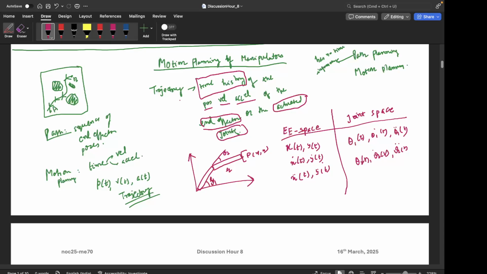So these are the two ways in which we can specify the trajectory. One is the EE space, which is also known as the Cartesian space or operational space, and the other is the joint space, usually known by this name itself.